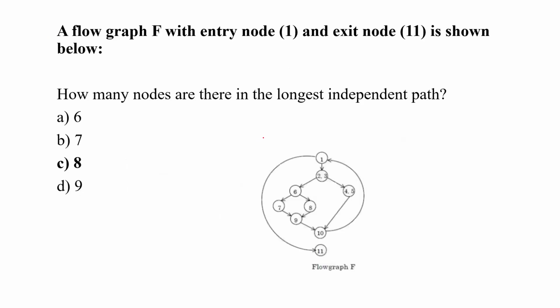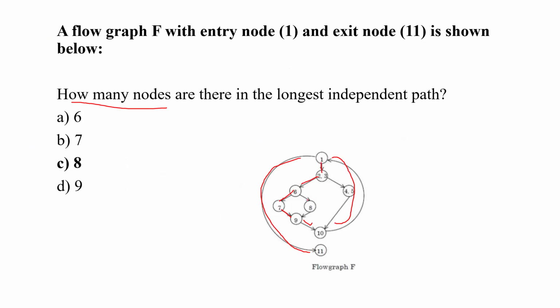Okay, next one. How many nodes are there in the longest independent path? So we have to find which one is the longest independent path. You can see 1, 2, 3, 4, 5, 6, 7, total 7. But here they're asking how many nodes.